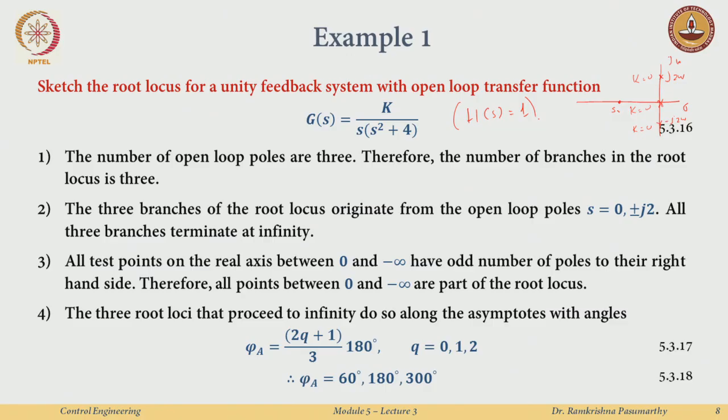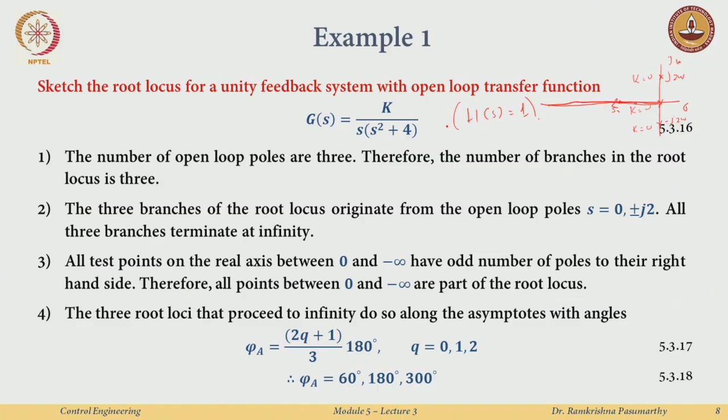Well, there are 1, 2 and 3. There are no zeros. This is an odd number, and therefore this point will be on the root locus. Any point on this real line, if I look towards my right, I will have 3 poles, which is an odd number. So the entire negative real axis will be on the root locus.